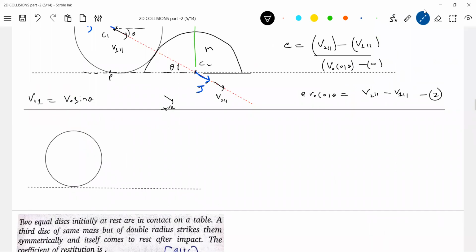So what actually happens here is, this is the line of impact. Now, what is the possible direction in which the sphere will move? It will have velocity v1. This will have velocity v2. It's very simple. And there's a line of impact. This is theta, and this will be theta.